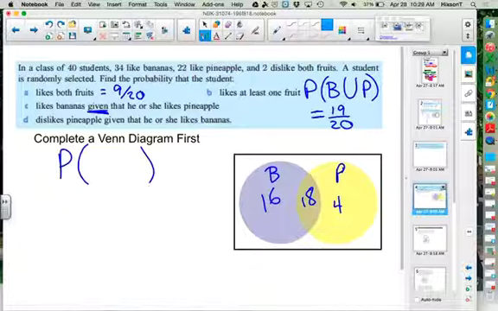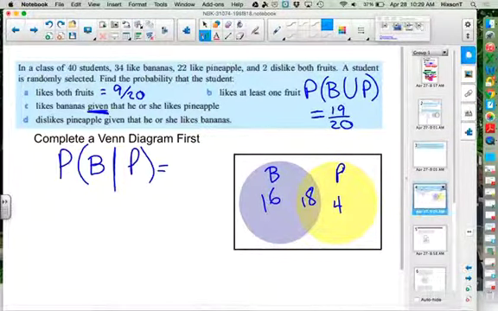We remember? Do we have it in our notes? Yeah, it's the line. The vertical line, okay? So what's the probability that we like bananas given that we like pineapples? Now, here's one with a Venn diagram.